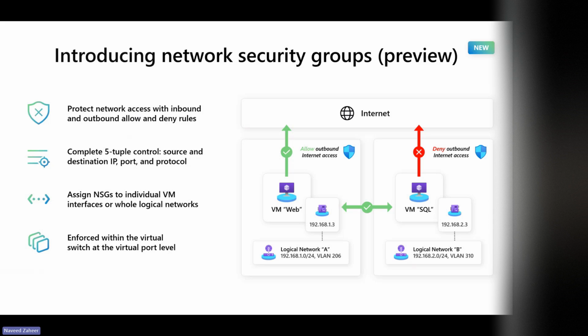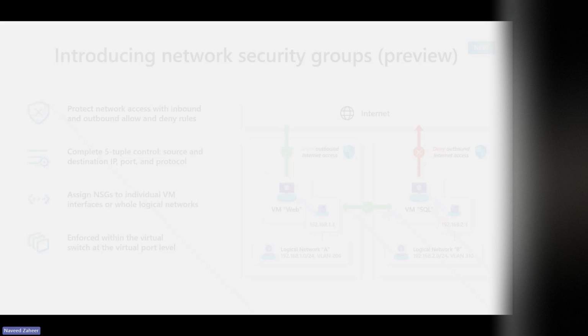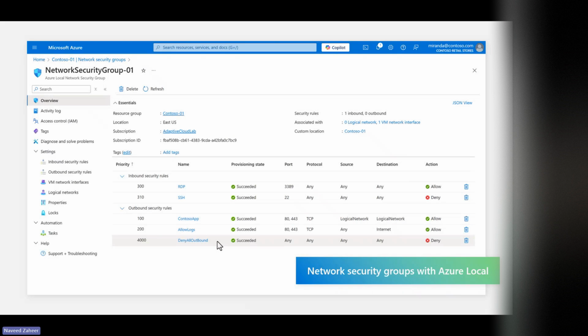As you can see here, there are two logical networks. One is logical network A, which is running our front end, which is of course taking traffic from the internet. The second one is the VM running our database, which should not have any egress. It should accept traffic only from logical network A. That's all it has to do, and how you do it is through an NSG, and here is a sample NSG to do that.